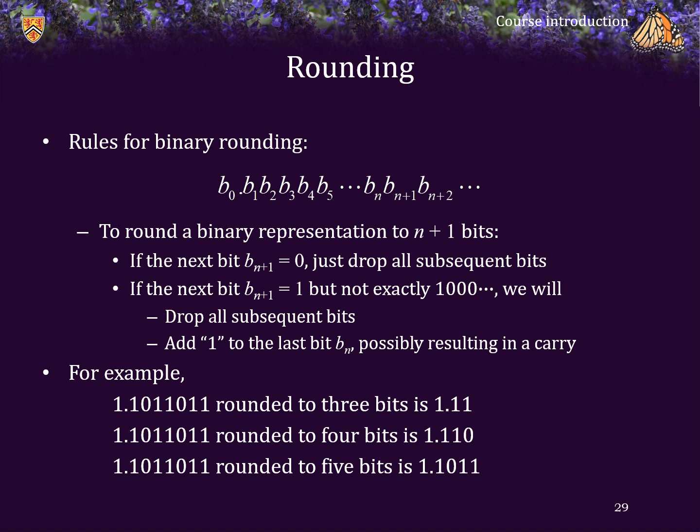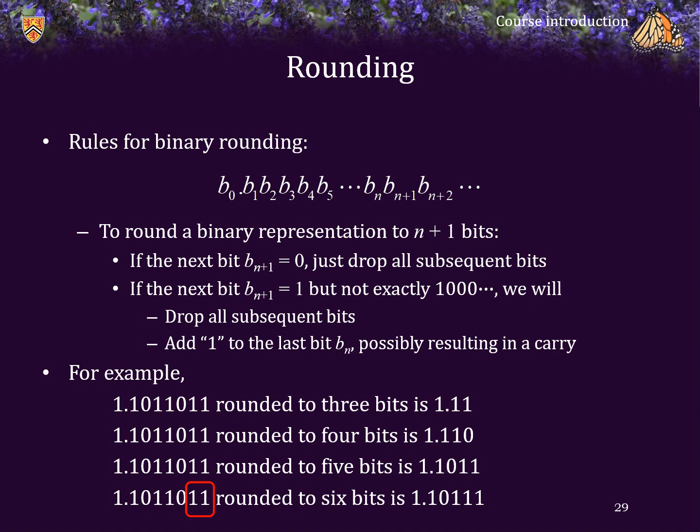To round it to 5 bits, the next bit is 0, so we simply truncate, leaving us with 1.1011. And to round to 6 bits, again, we have 1, but not all subsequent bits are 0.